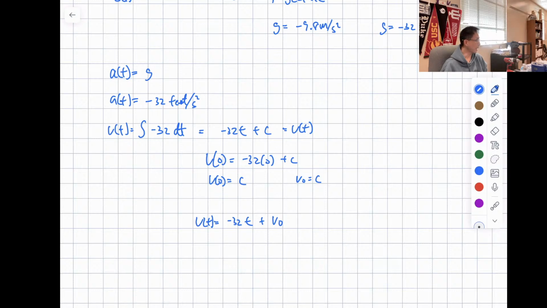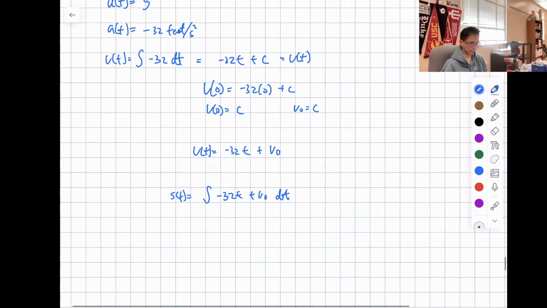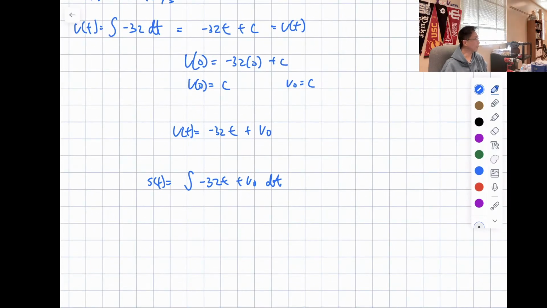How do I get the s of t? You integrate. You integrate negative 32t. That sounds familiar? Negative 32 becomes negative 16 what? T squared.